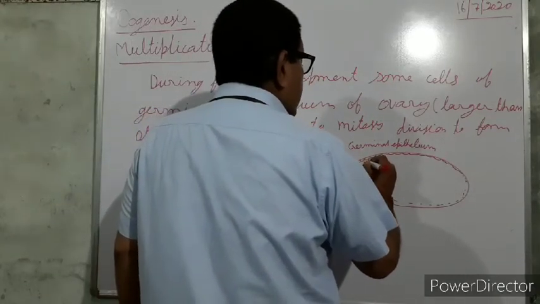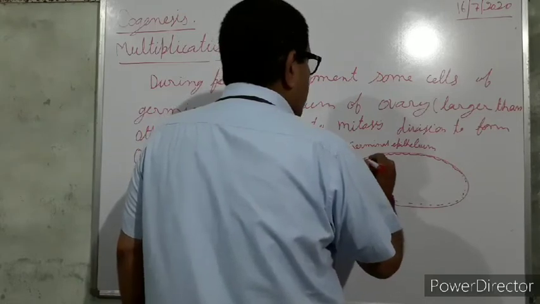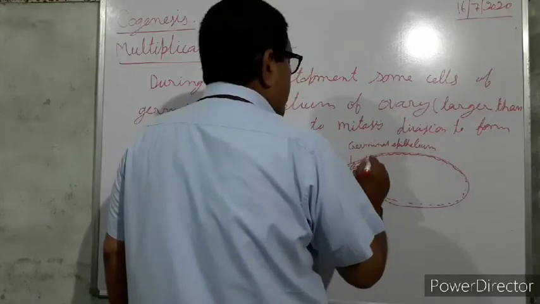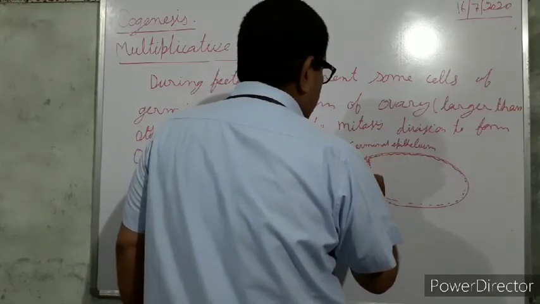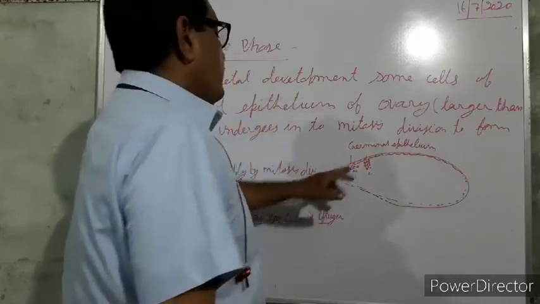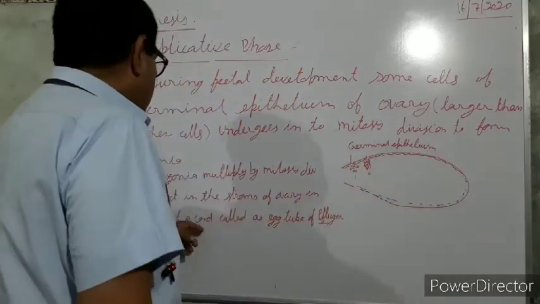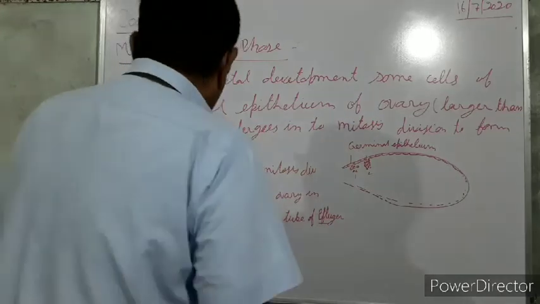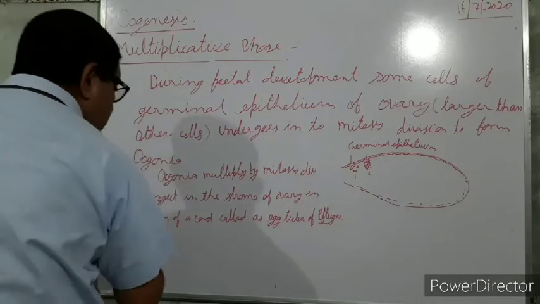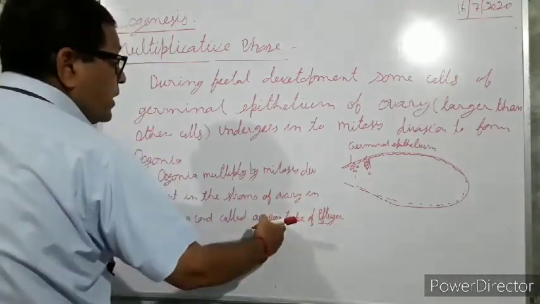This is the first structure, and this forms a cord-like structure.